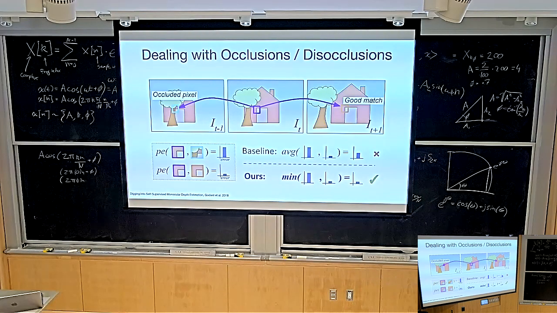And why is that? Let's look at the example of this tree, right? So here, if you go from t to t+1, there's these pixels here on the house that you didn't observe in this frame previously, right? So these pixels got disoccluded, so you can't explain them by pixels that you saw here. Sorry, that was actually the wrong example. We should go from here to here.